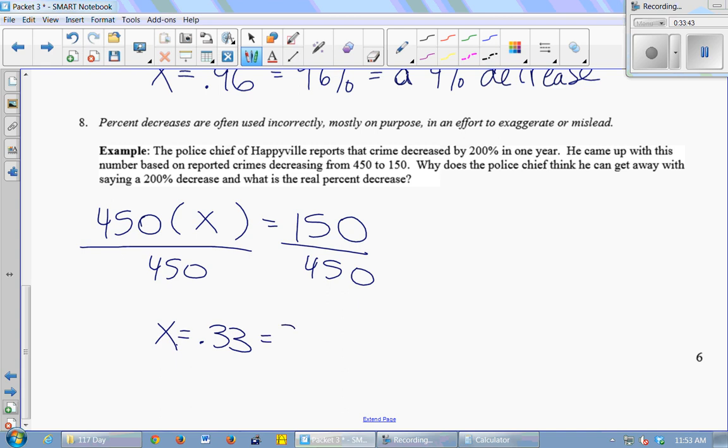Which is 33%. And this represents how much crime we still have. 33% of the 100% remains. 150 is 33% of 450, which means we had a 67% decrease.